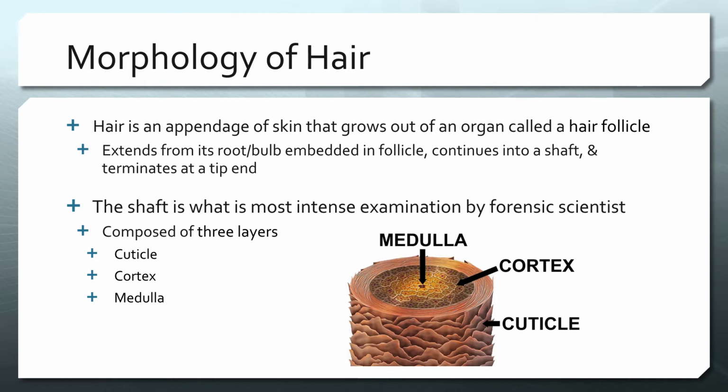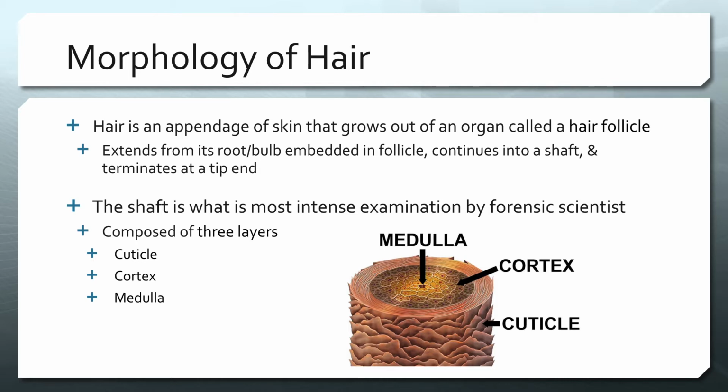It extends from its root or bulb embedded in the follicle and continues into a shaft and terminates at a tip end. There are two features that make hair a good subject for establishing individual identity. One, its resistance to chemical decomposition and its ability to retain structural features over a long period of time.